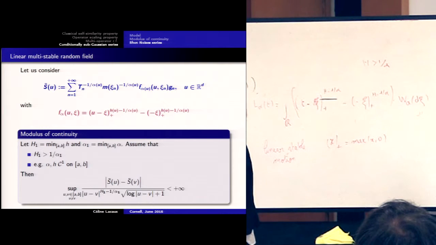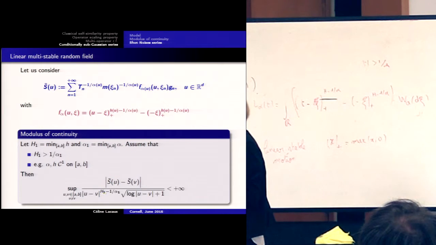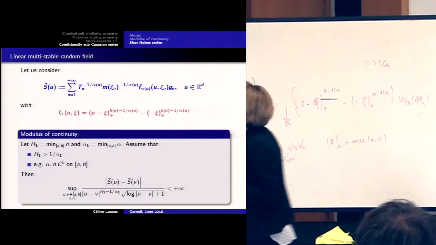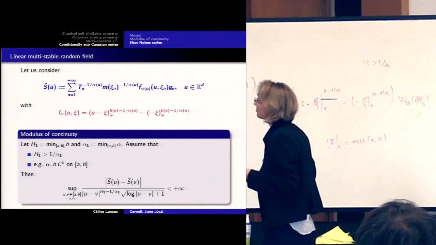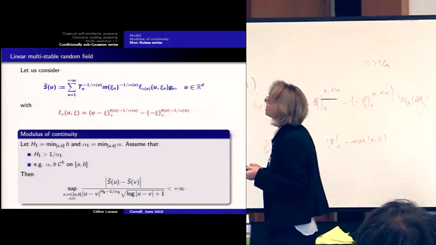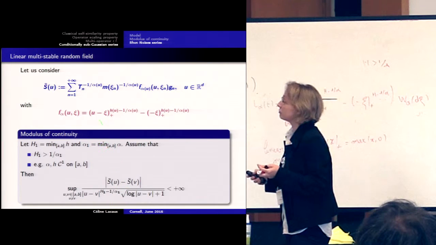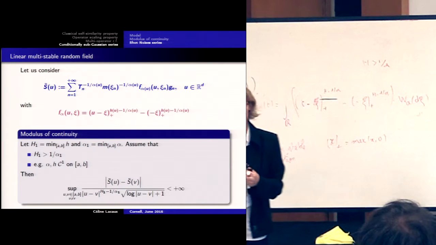And so I can also study this process, and I obtain its behavior, and it is not surprising: its behavior is given by h1 minus 1 over alpha 1, where h1 is the minimum of the function h here, and alpha 1 is the minimum of the index of stability.